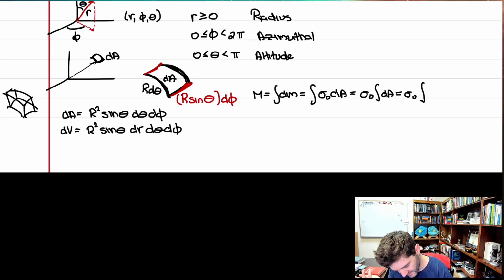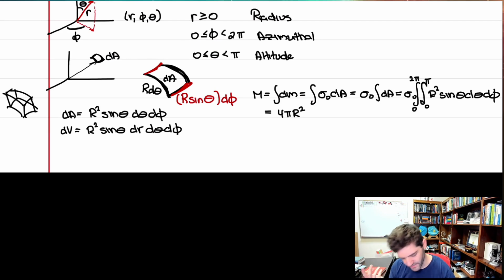What is dA? It looks like it's going to be r squared sine of theta d theta d phi. So this actually becomes a double integral. First integral from 0 to pi, because that's for theta, and then this goes from 0 to 2 pi. And I'll let you fill in the blanks that indeed you get 4 pi r squared times sigma at the end of the day.